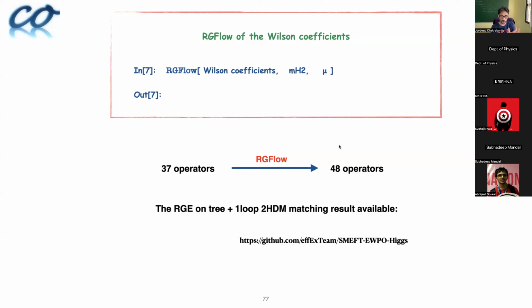Now, when we calculate the anomalous dimension matrix, the calculation is not top-down, it's actually bottom-up.